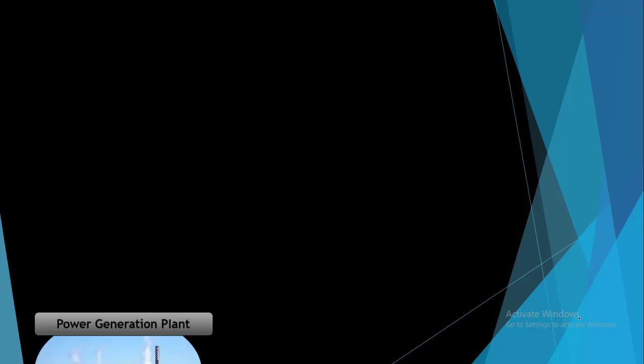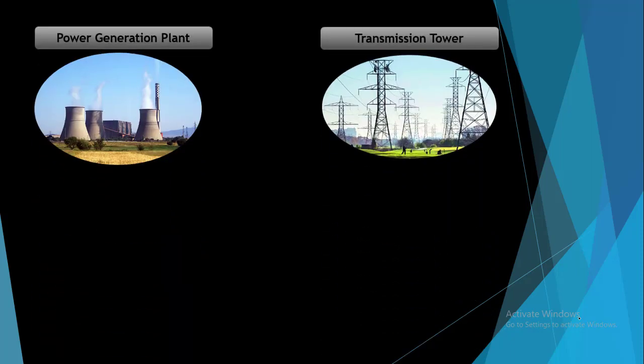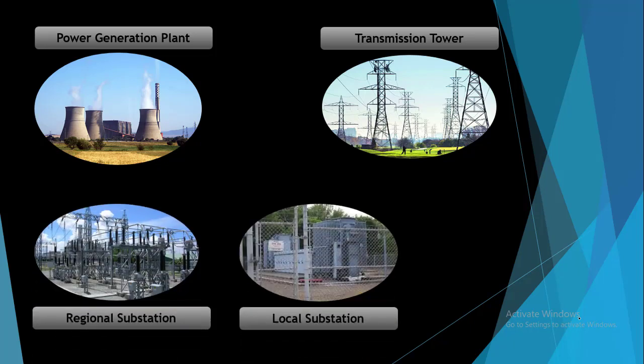Now that you have understood the basics of power, let me quickly show you how electricity is generated. The four main components in electricity generation are the power generation plants, the transmission towers, the regional substations, and the local substations.